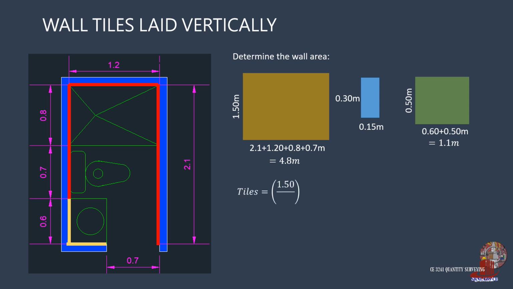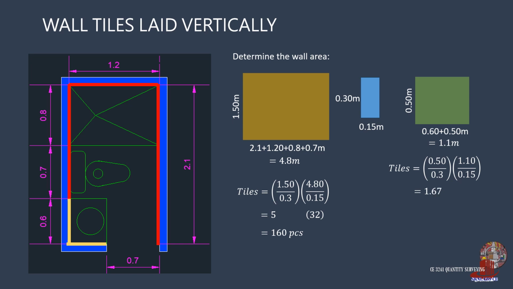Tiles for the first area are estimated as the verticals of 1.5 divided by 0.3, and the horizontals as 4.8 over 0.15. The first quantity makes 5 multiplied by 32, which is simplified as 160 pieces. The second area carries the verticals as 0.5 is to 0.3, and the horizontals as 1.1 is to 0.15.